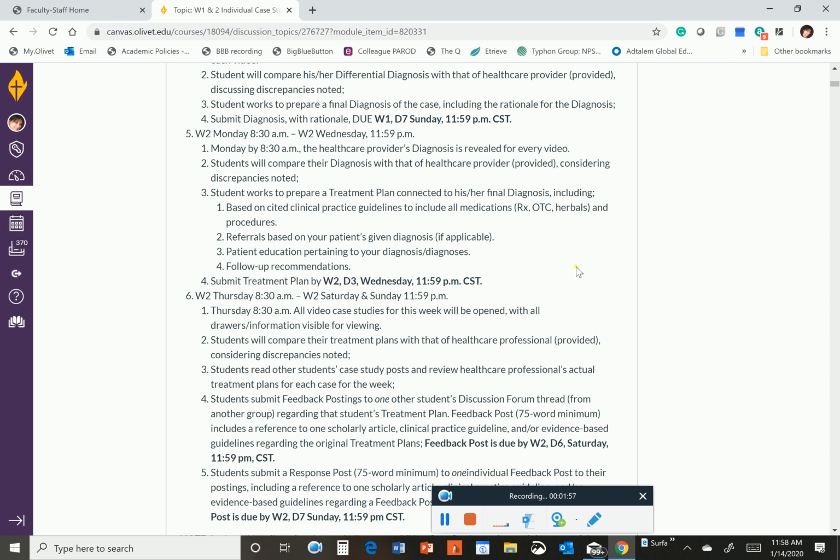This needs to be based on clinical practice guidelines, and I want you to use more than just UpToDate. I use UpToDate in practice, and it's a fine reference, but the best place to get your clinical practice guidelines is from the CDC and from the professional organizations that represent that specialty.